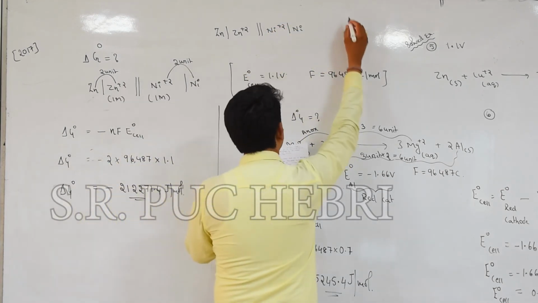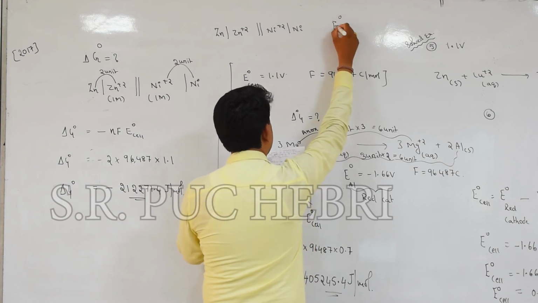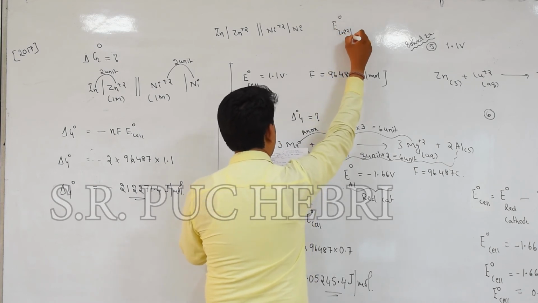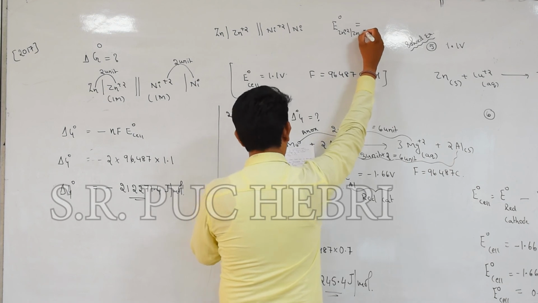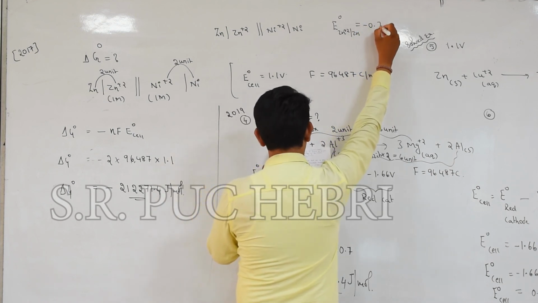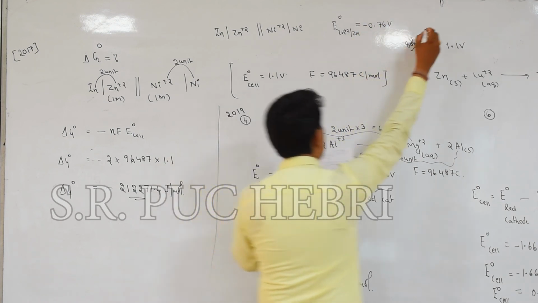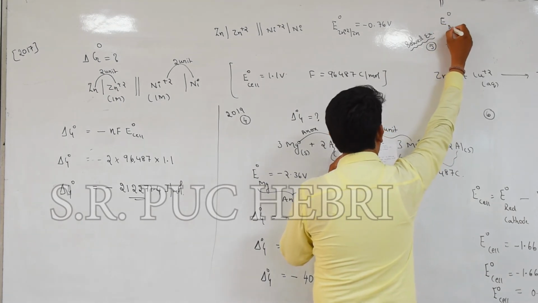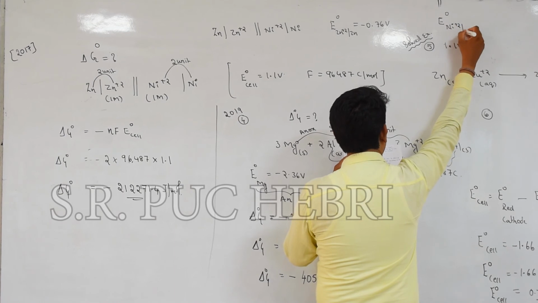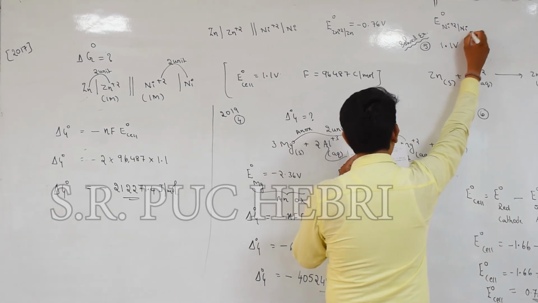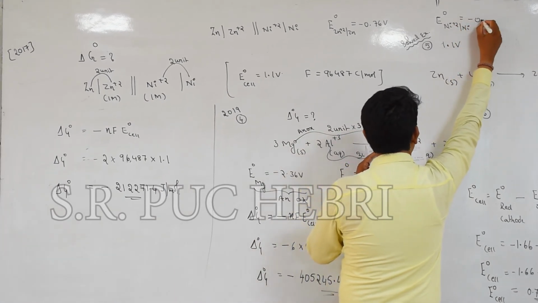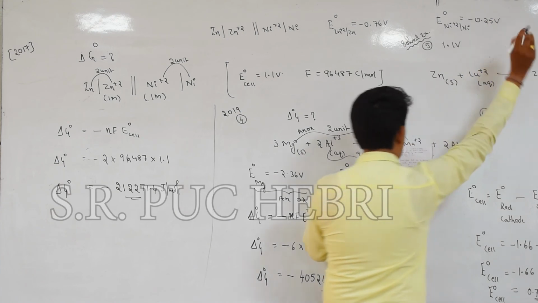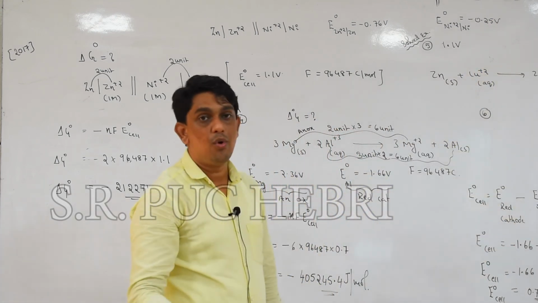It is given that the standard zinc electrode potential is minus 0.76 volt and the standard nickel electrode potential value is minus 0.25 volt.